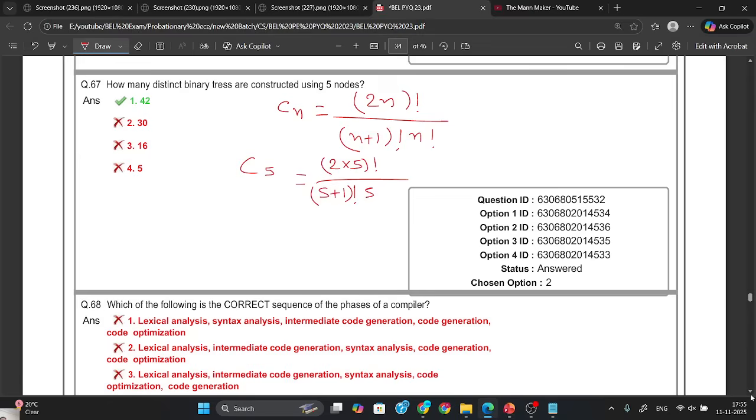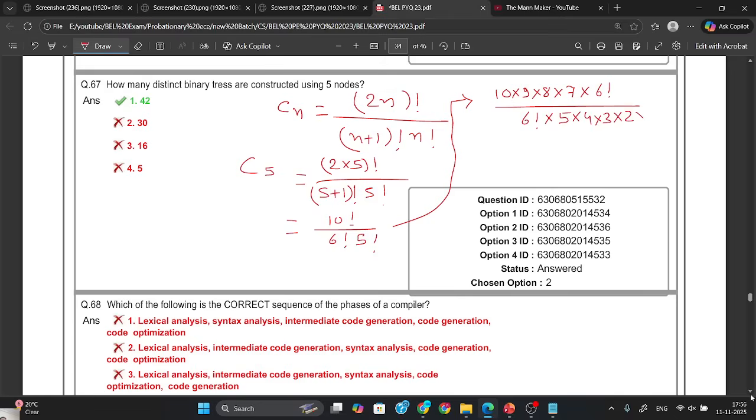Okay, and this one is 5 factorial. Okay, so if you calculate this you will get 10 factorial, then here it will be 6 factorial and it will be 5 factorial. So generally if you solve this one it will come 10 into 9 into 8 into 7 into 6 factorial divided by 6 factorial into 5 factorial, meaning 5 into 4 into 3 into 2 into 1.